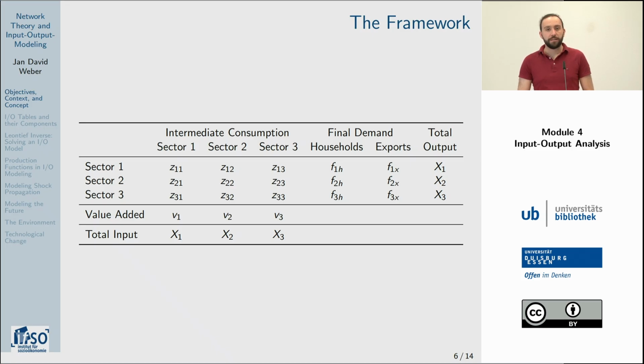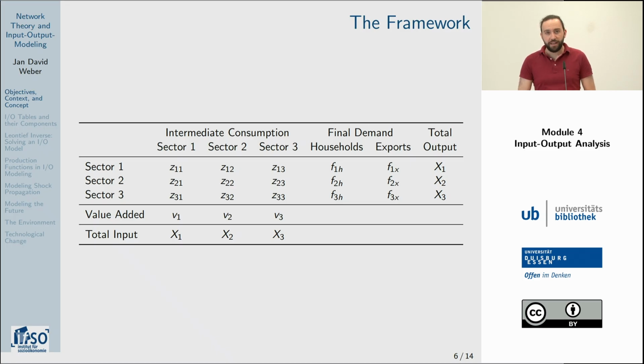We have a final demand where we can separate between households, governmental spending, exports, change in inventory, and all of that. Everything that is produced in sector 1, so set 1.1, set 1.2, set 1.3, final consumption F1H and F1X here for exports, must add up to the total output in that sector.